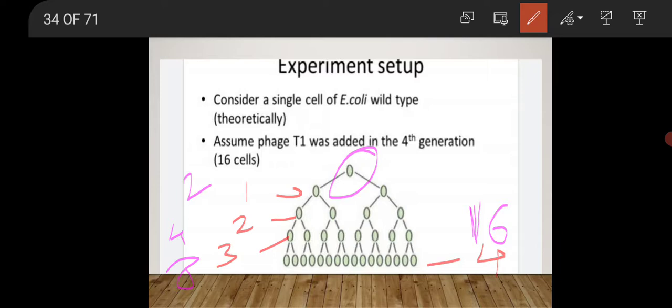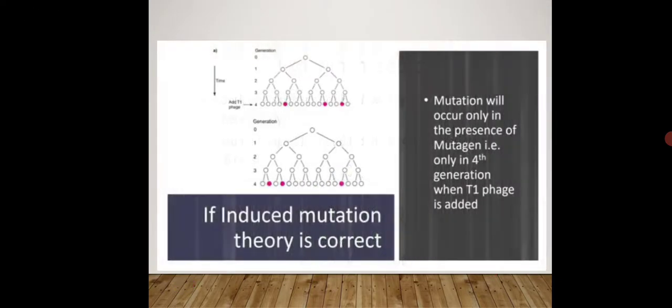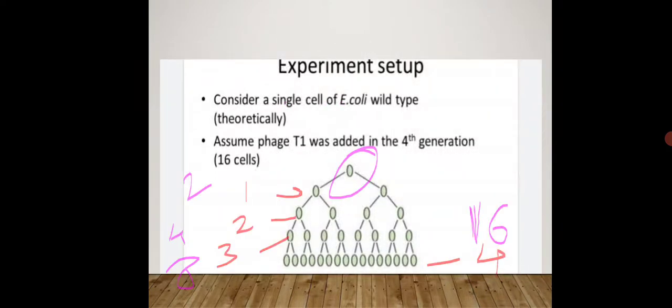The experiment started from a single cell of E. coli, which was wild type, normal, original type, and is allowed to grow and divide for 4 generations. That is, 4 generations are formed.